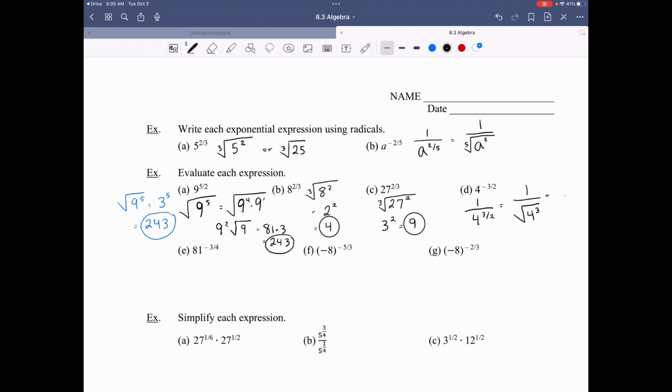Now you can just do 4 times 4 times 4 and take the square root. But the square root of 4 is 2, so then we can take 2 to the third, which is 8. But we have to have a 1 in the numerator, so that simplifies to 1/8.